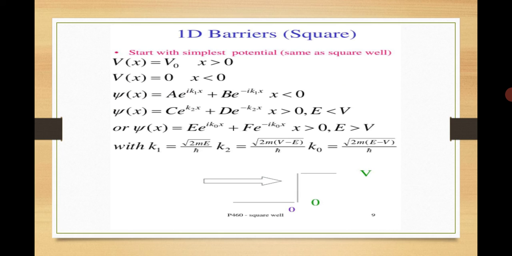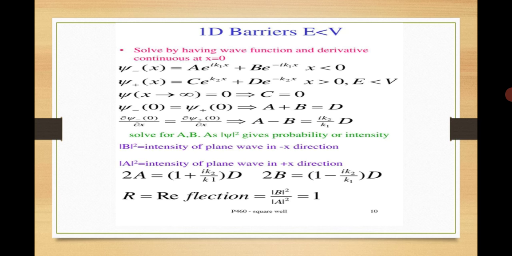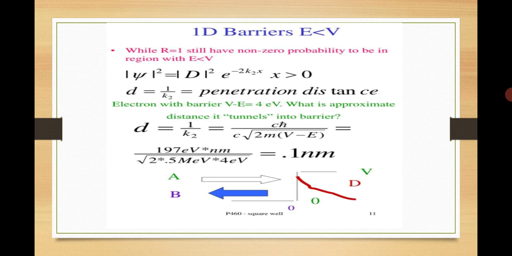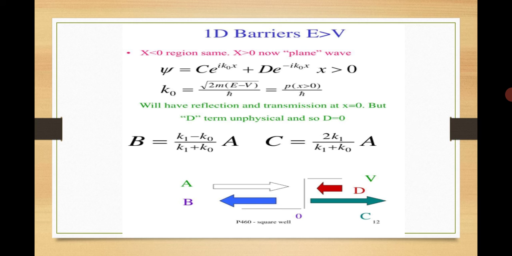Now there is a barrier of the well. In this barrier, the energy is less than V, and the wave function is present here. We get psi as the wave function, and k0 is the constant, equal to the square root of twice m (E minus V) upon h cross square.